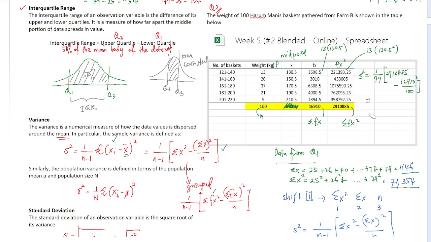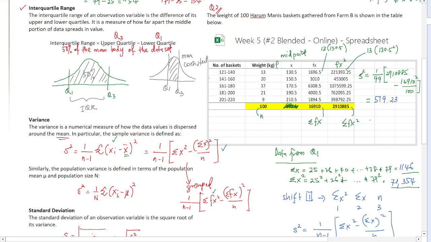And then 291.0885 minus the answer, sorry. So you can divide by 99. So you get 519. So over here you get 519.23. Okay, so this is the variance.